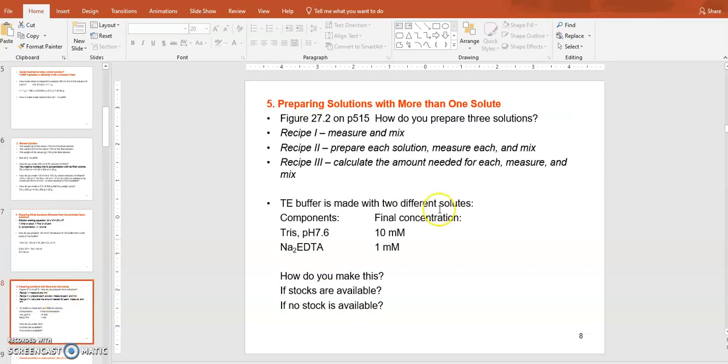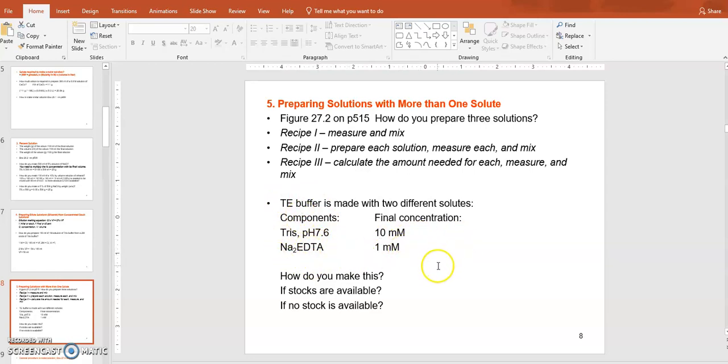Okay, straightforward. Solutions may be made with multiple ingredients. If you look at page 515 of your textbook, there are multiple recipes that show you different ingredients mixed together. For example, TE buffer, which you already have done in the lab, is made up of tris and EDTA together. In the TE solution, tris exists at 10 millimolar, but EDTA exists at 1 millimolar.